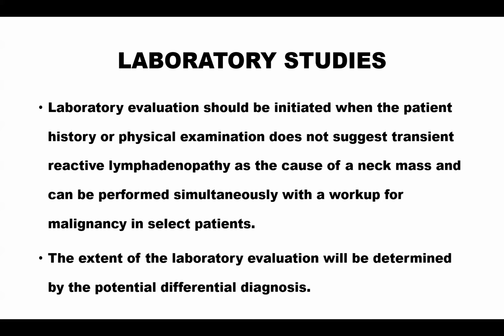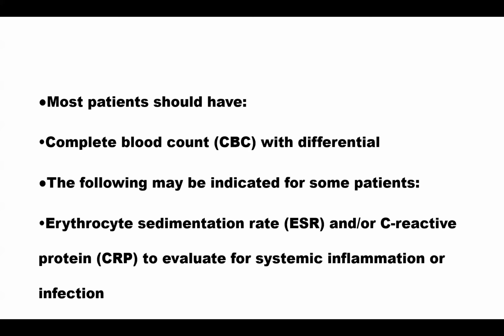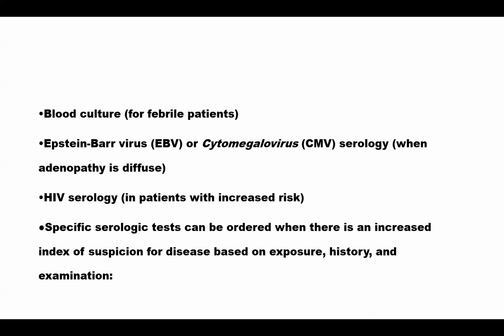Some laboratory studies are essential. Then it depends on what you are dealing with. Most patients should have a complete blood count with differentials. Definitely, if it's an infective cause, you'll see your WBC elevated, neutrophils. The following may be indicated for some patients: an ESR, though not specific, CRP to evaluate for systemic inflammation or infection.